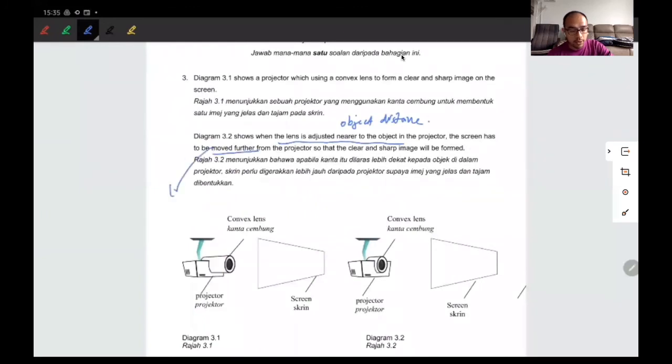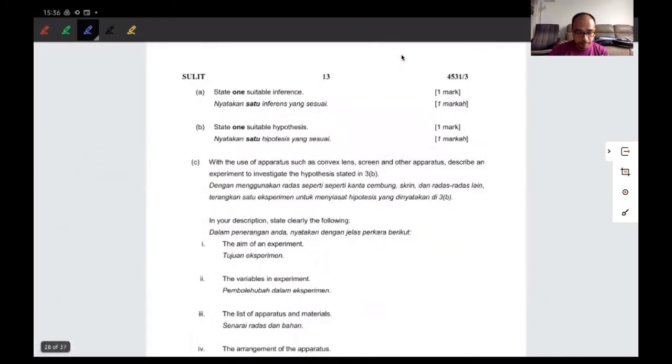This refers to the image distance. So this is the relationship between the object distance and the image distance. When you make the object distance smaller, the image distance must be bigger. The apparatus is a convex lens and a screen.